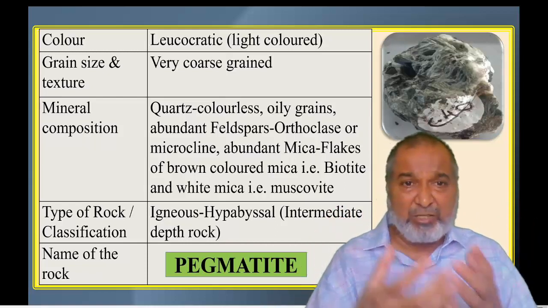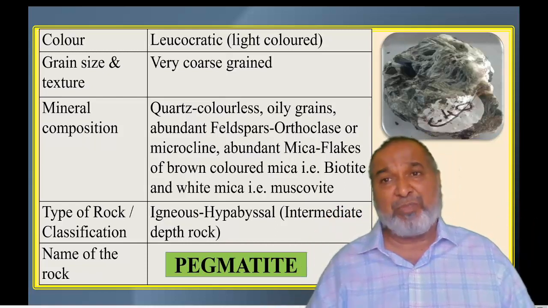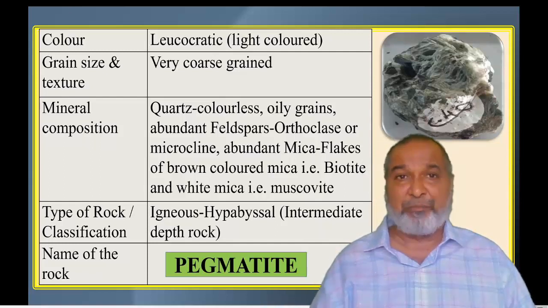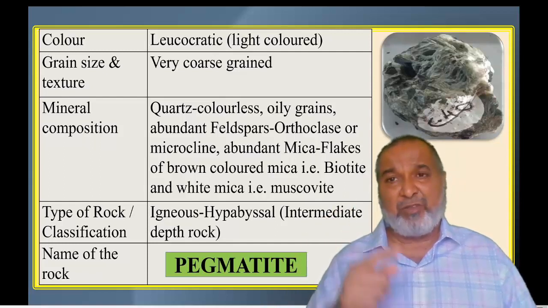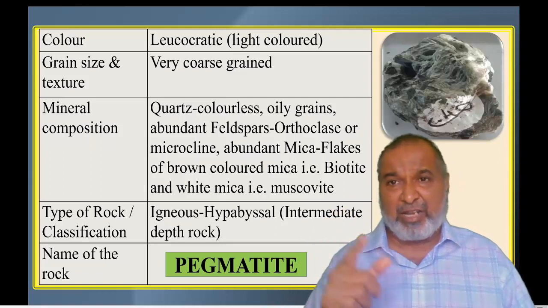Now come to the next very important point, the type of rock or classification. Based on its color, we write acidic.